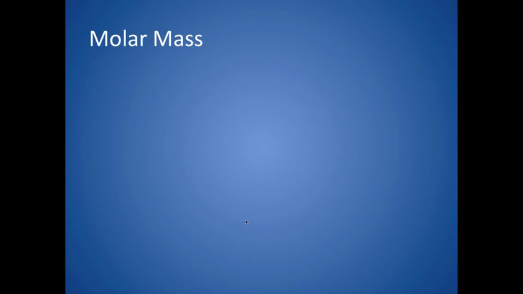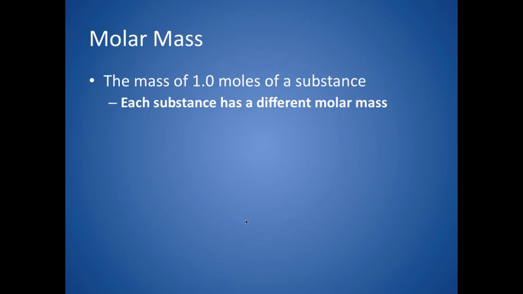So, molar mass, I've referred to this a couple of times. What is it definitionally? Well, it's the mass of 1.0 moles of a substance, so 1 mole. So if I was to count up 6.02 times 10 to the 23rd atoms, and I took the mass of that, that would be called the molar mass. It's the mass of 1 mole.